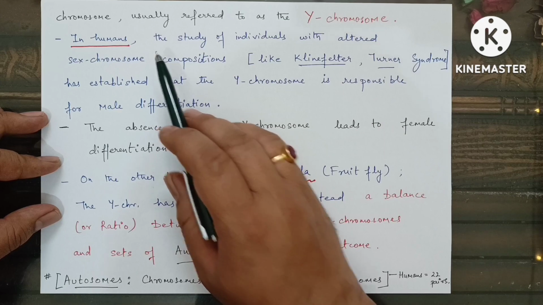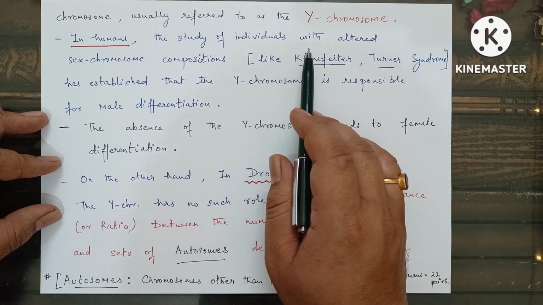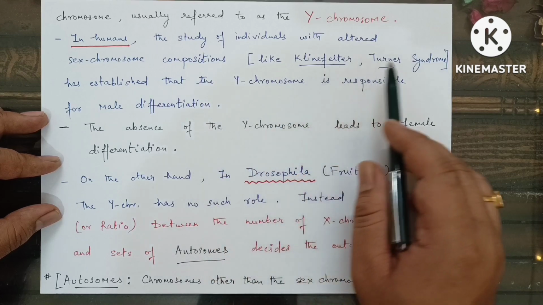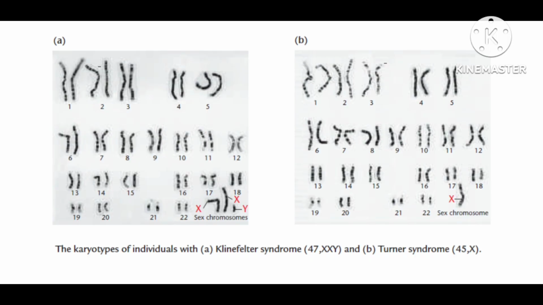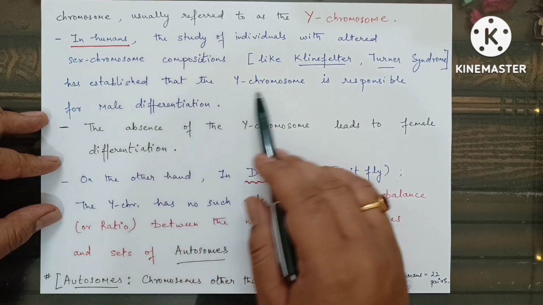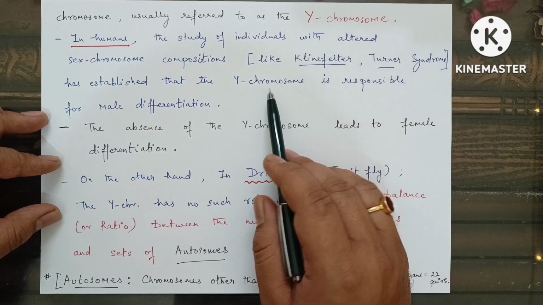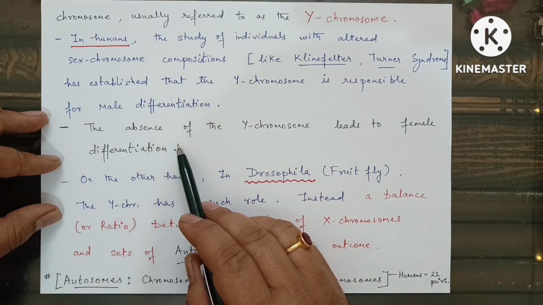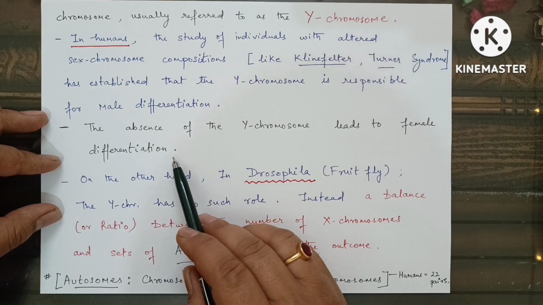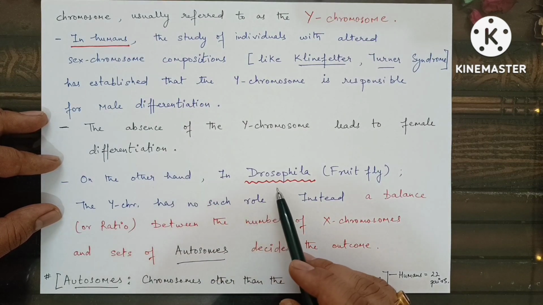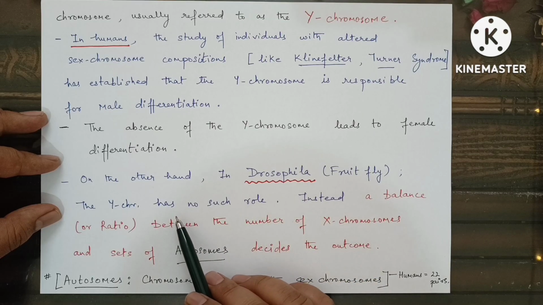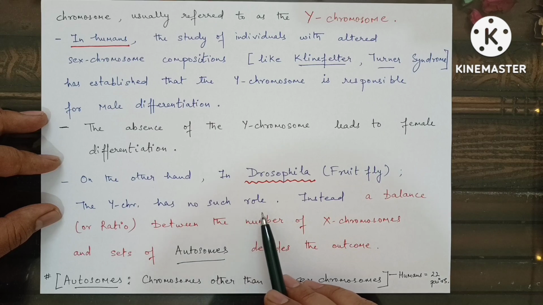In humans, the study of individuals with altered sex chromosome compositions like Klinefelter and Turner syndrome has established that the Y chromosome is responsible for male differentiation. The absence of Y chromosome leads to female differentiation. On the other hand, in Drosophila, the Y chromosome has no such role.